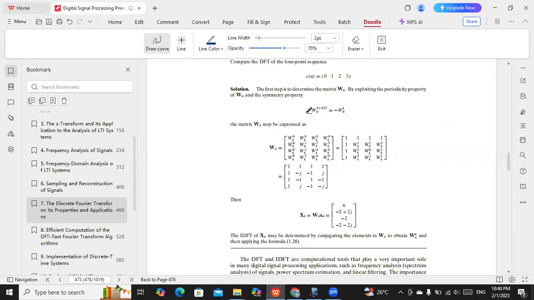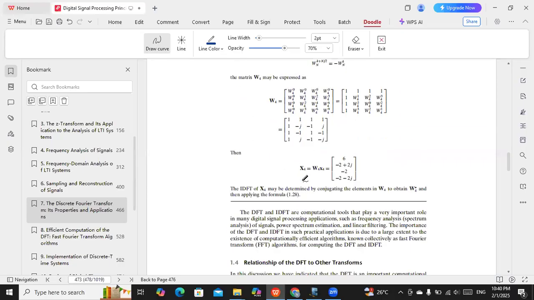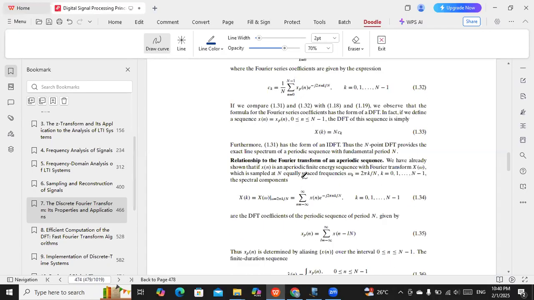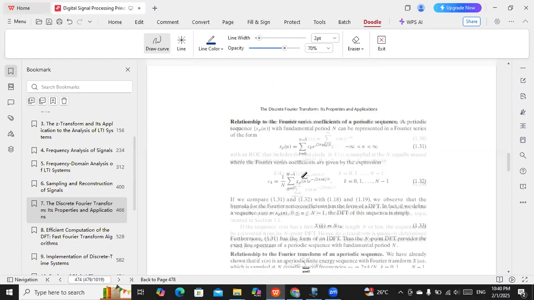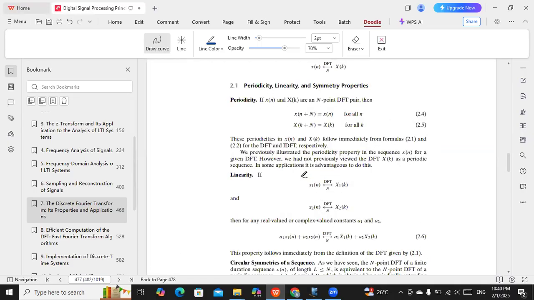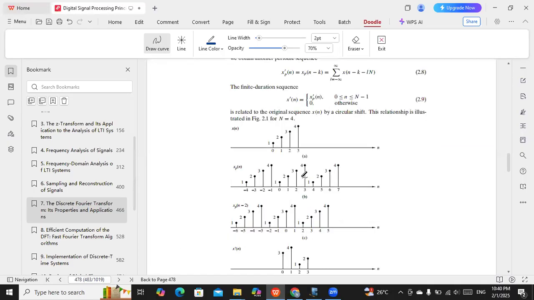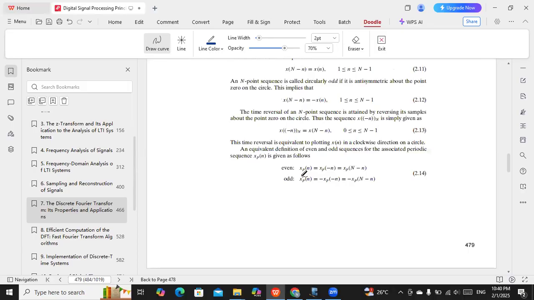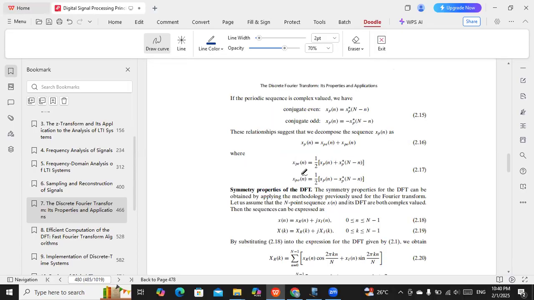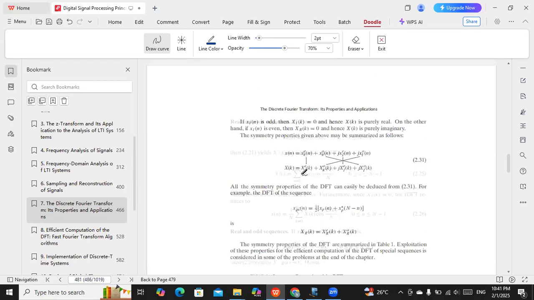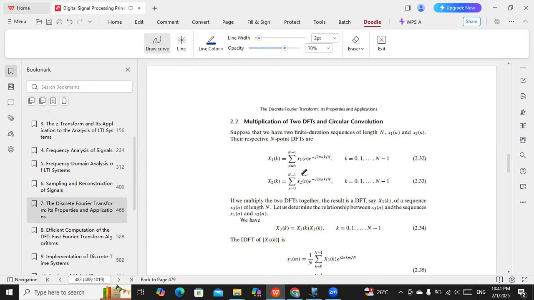Actually, DFT you can also get using the matrix. You do not need to pay much attention to the properties of DFT. The same properties are there, like the Fourier transform.